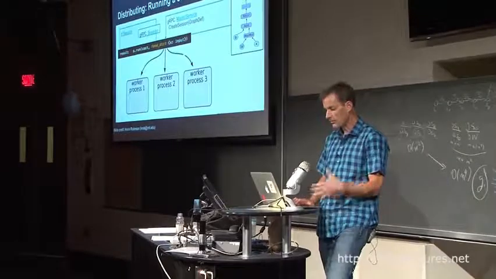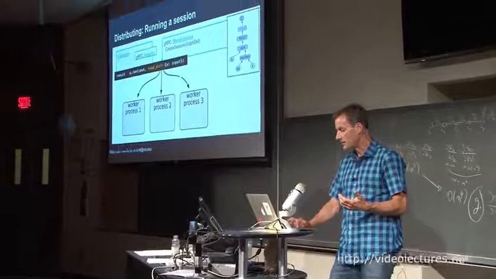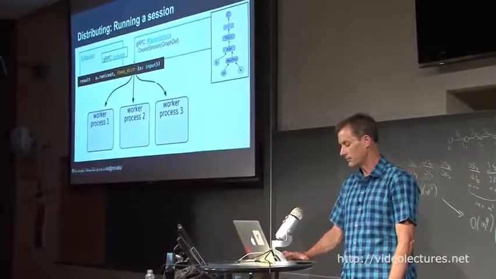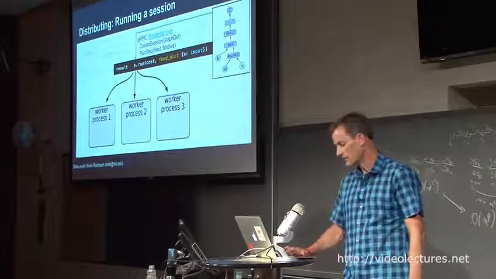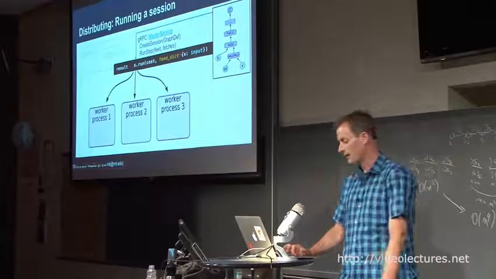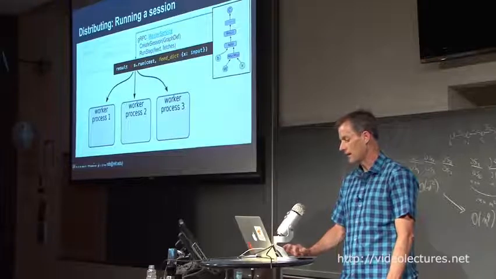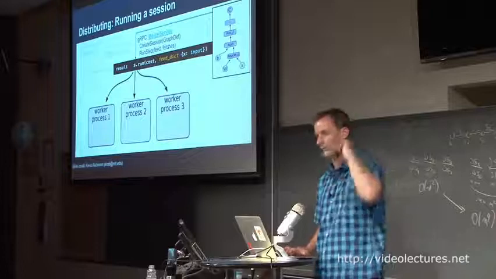And later you would say, please run this graph, and I would like to feed in for the value of x in the graph this particular input value. And so that gets sent over as well and gets converted into a run step call. It says, please run the graph given this data that's being fed in for x. And you can also say, I'd like to fetch the value of the cost of the model or whatever.